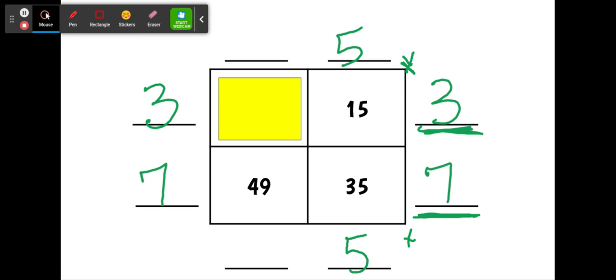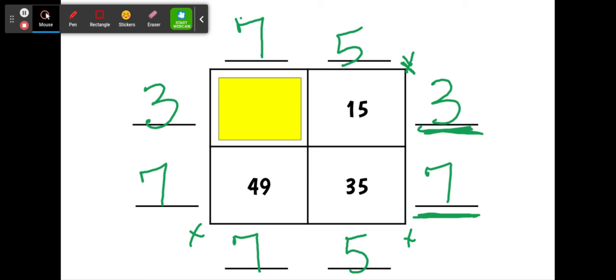Here's where I need to do a quick check. 5 times 7 is 35, but is 7 a factor of 49? Can I multiply a number by 7 to get 49? Yes, I can. 7 times 7 equals 49.